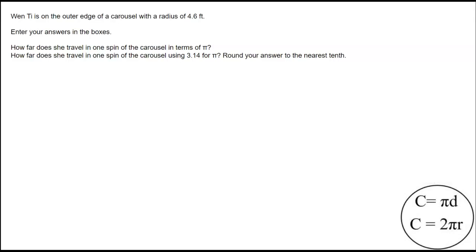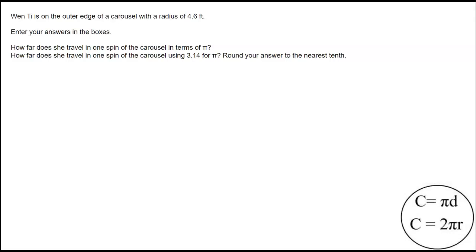How far does she travel in one spin of the carousel in terms of pi? How far does she travel in one spin of the carousel in terms of 3.14 for pi? Here we're going to round your answer to the nearest tenths.